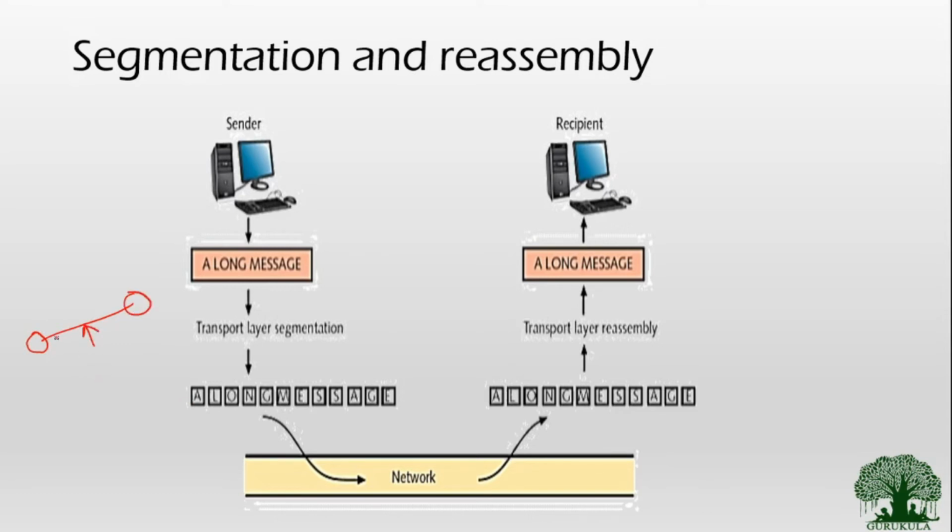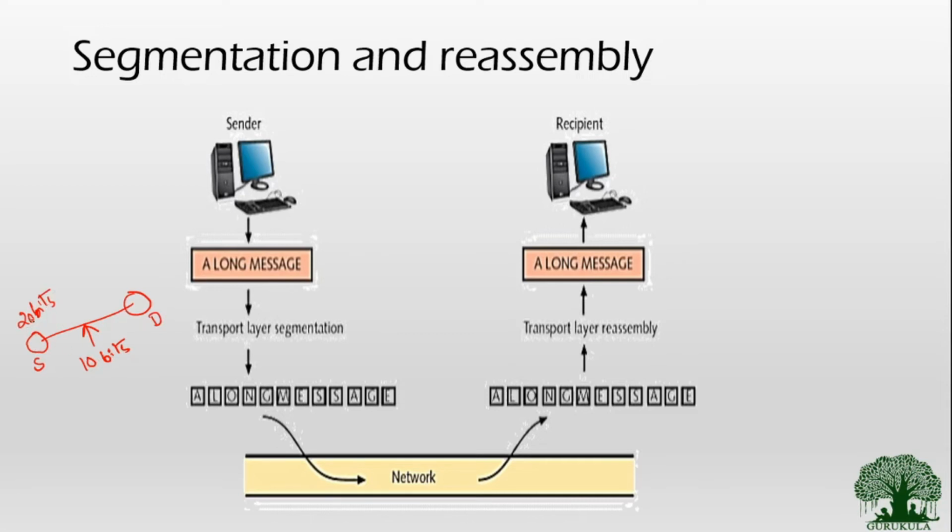Let us say this particular link can handle only 10 bits at a time. If the message generated by this sender device is 20 bits, which I have to transmit from source to destination, then this link cannot handle 20 bits at a time.